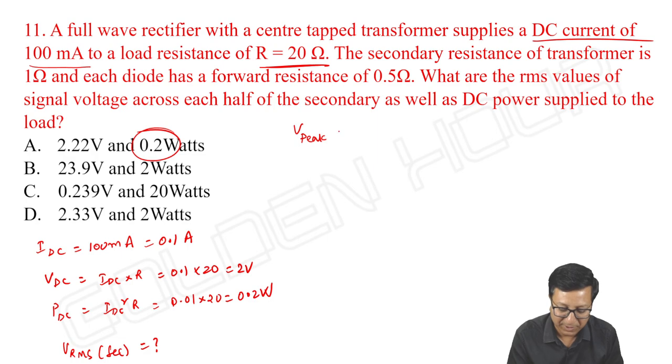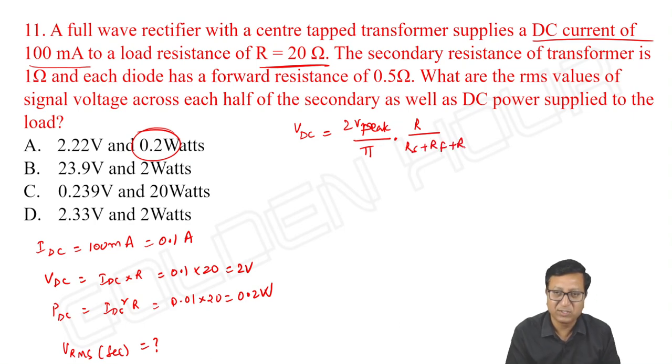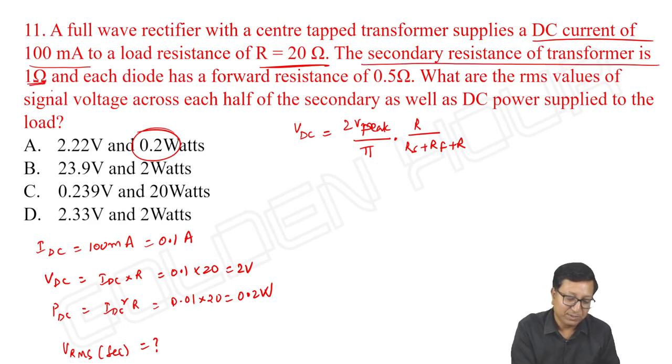We know from VDC, VDC is equal to 2 Vm, or 2 into V peak by pi into RL by RS plus RF plus RL. Instead of RL, I am writing R because it is mentioned as R. And the secondary resistance of the transformer is 2 RS, it is 1 ohm.